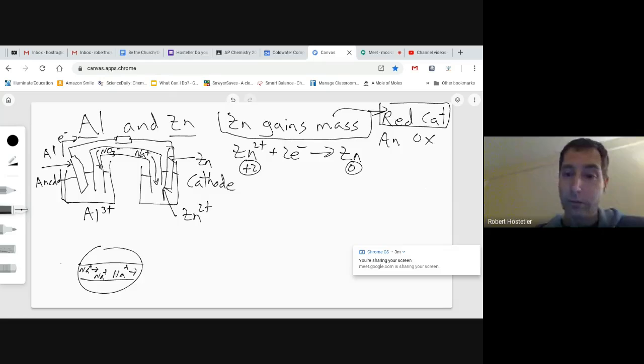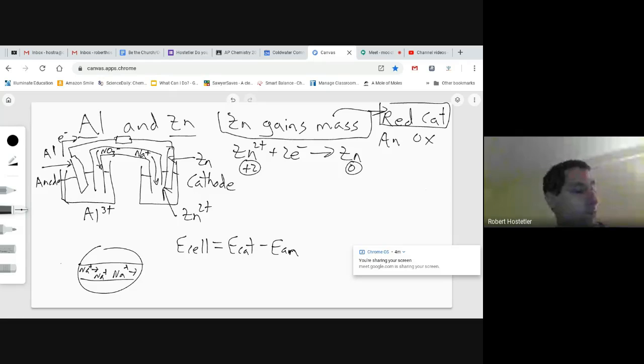Okay, so one of the main things they always ask you for is E for the cell. And E for the cell is just E for the cathode minus E for the anode. Once we've figured out that the one that gains mass is the cathode, that's pretty easy. We look up on the chart that they give us the reduction potential for our stuff. If we find zinc, it tells us that it's negative 0.76.